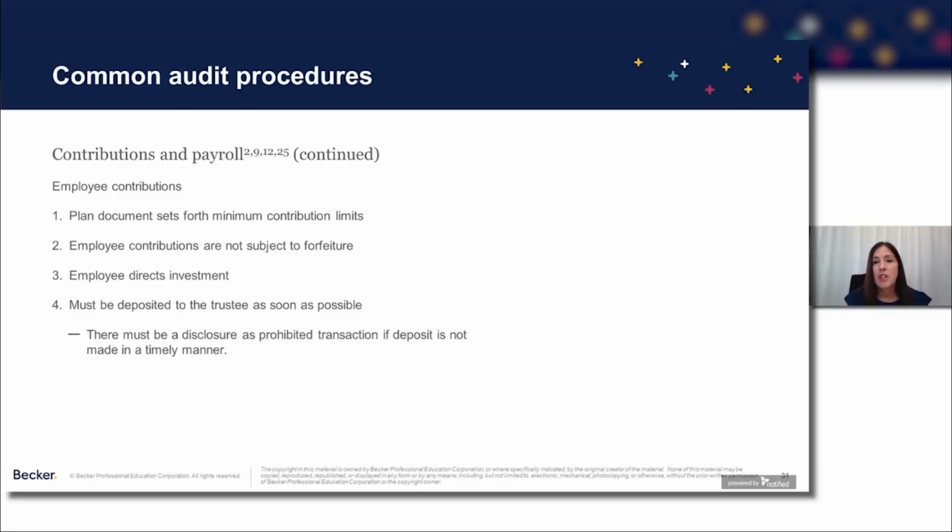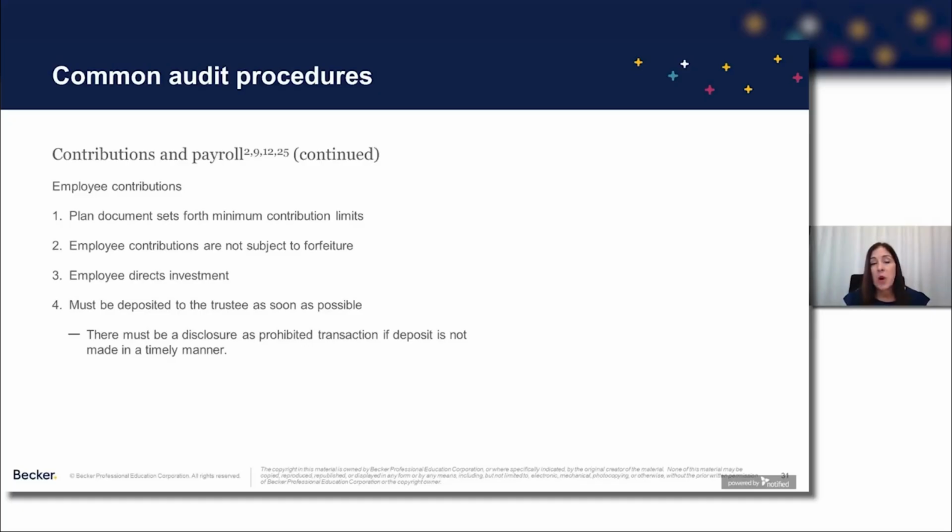The employee contributions are also going to have specific limits. Those limits can be specified again in the plan document, and they must be in accordance with the IRS limits as well. Forfeitures do not apply to employee contributions because the employee is always 100% vested in their own contributions.